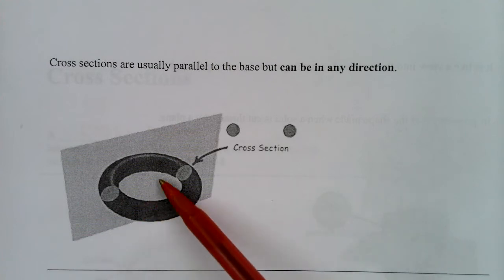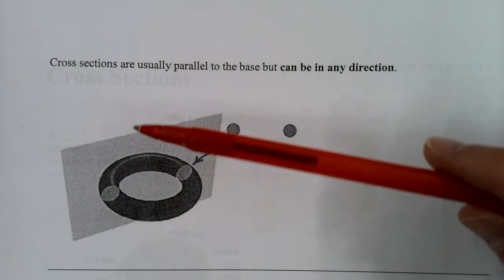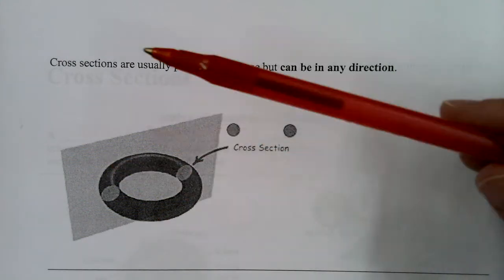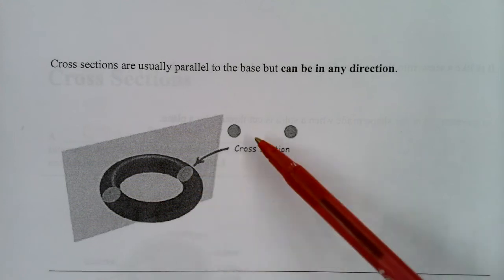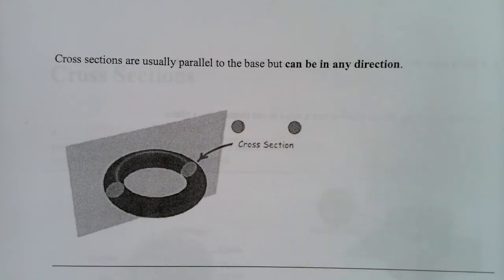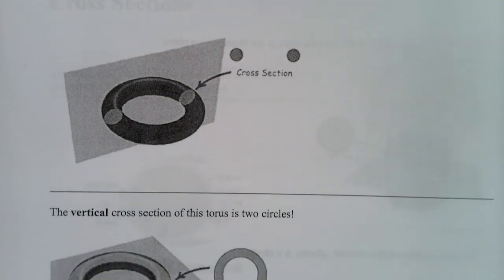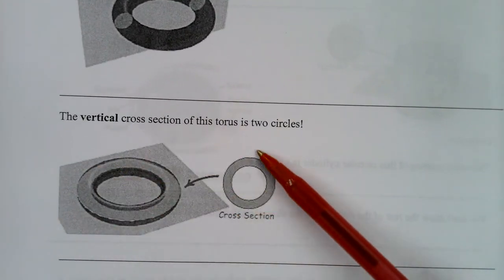So let's say this is called a torus, T-O-R-U-S. Let's say we cut through it vertically. The cross section is here and here. See? Let's say we cut through it this way. The cross section is this.